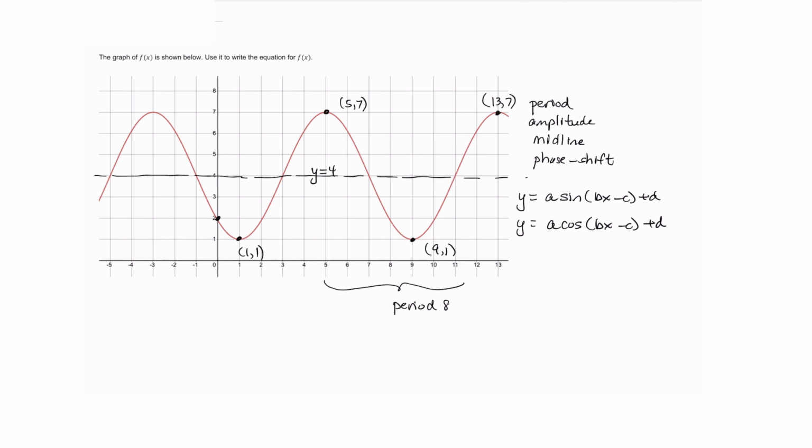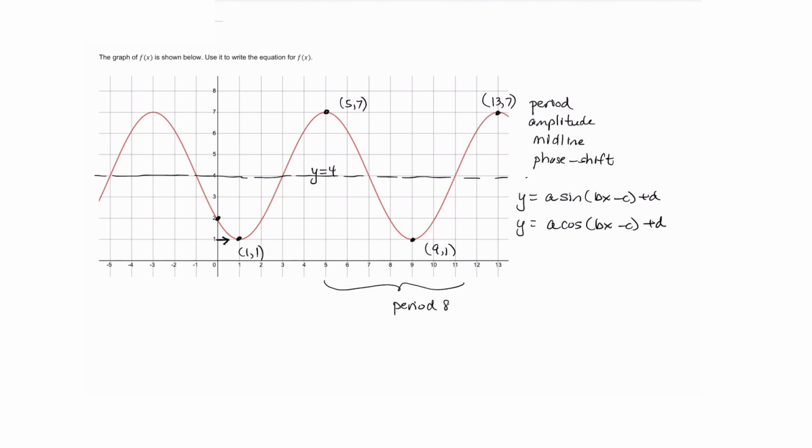So let's see what kind of a shift is required to make it look like a more typical graph. As I look, it looks like this minimum point was shifted to the right 1 unit. Now we know that if the minimum point was the y-intercept, that's an inverted cosine graph.